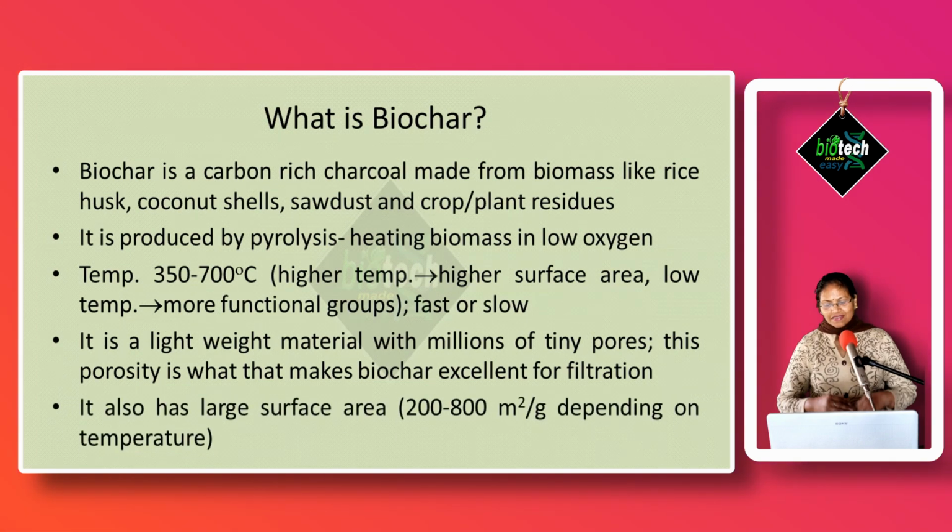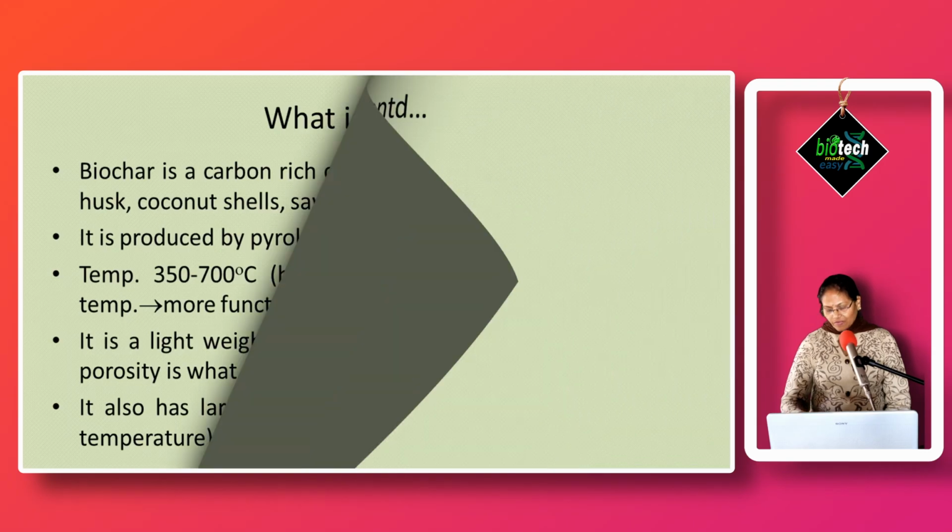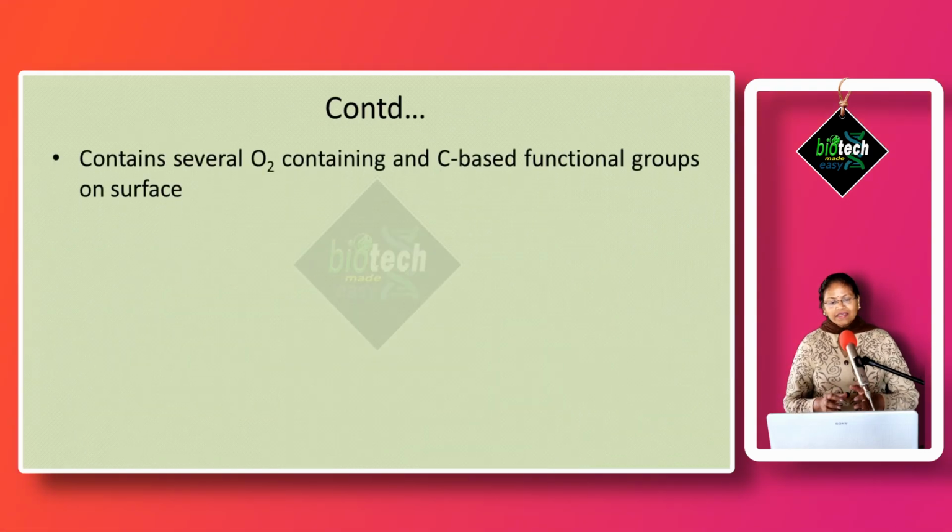It also has a large surface area, around 200 to 800 meters square per gram, depending on the temperature. At whatever temperature the biochar has been made, it may have a different type of surface area, but generally the surface area is very high. And it contains several oxygen-containing and carbon-based functional groups on the surface.